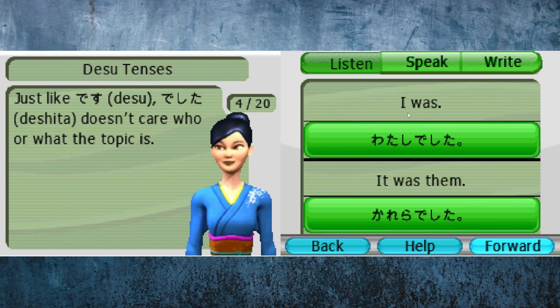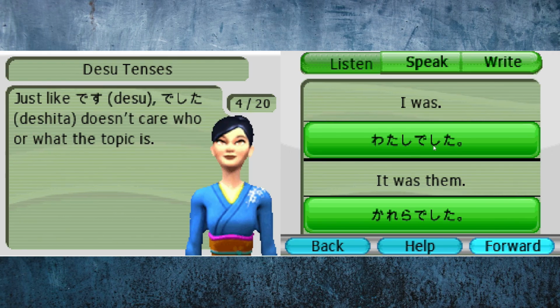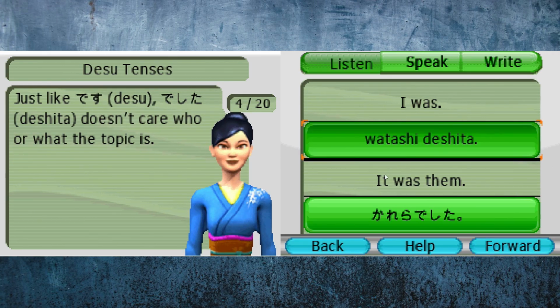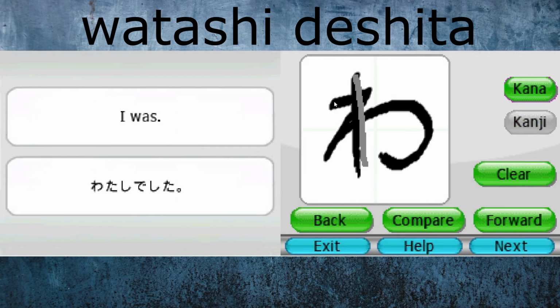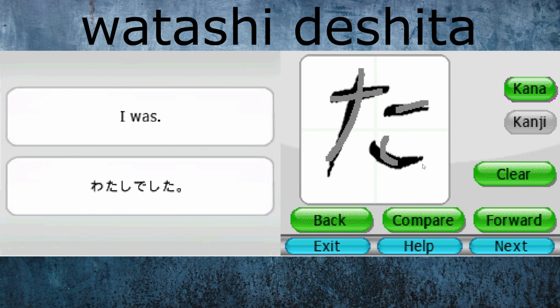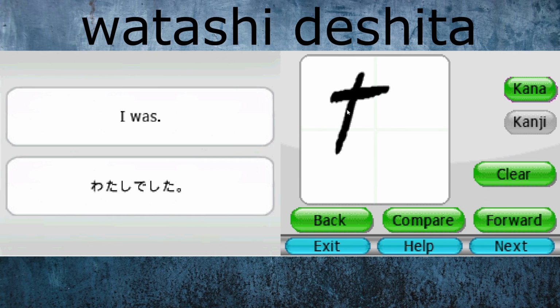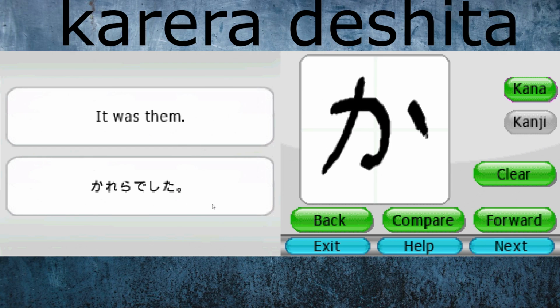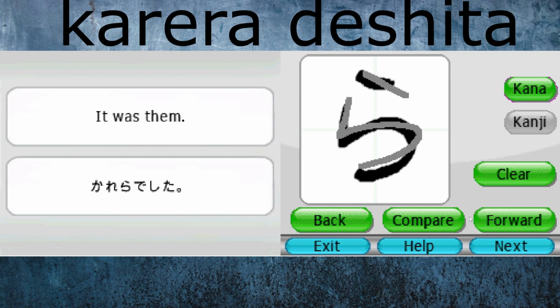For example, the sentence I was is watashi deshita. 私でした。And to say it was them is karera deshita. 彼らでした。And to write it down, watashi deshita, or I was. It was them is karera deshita.